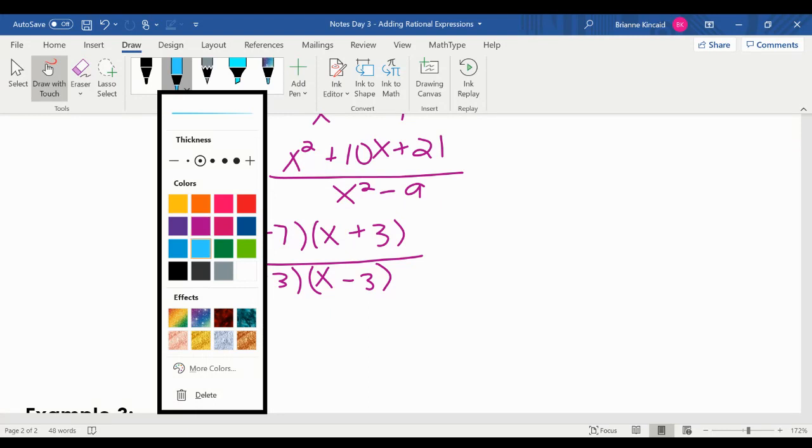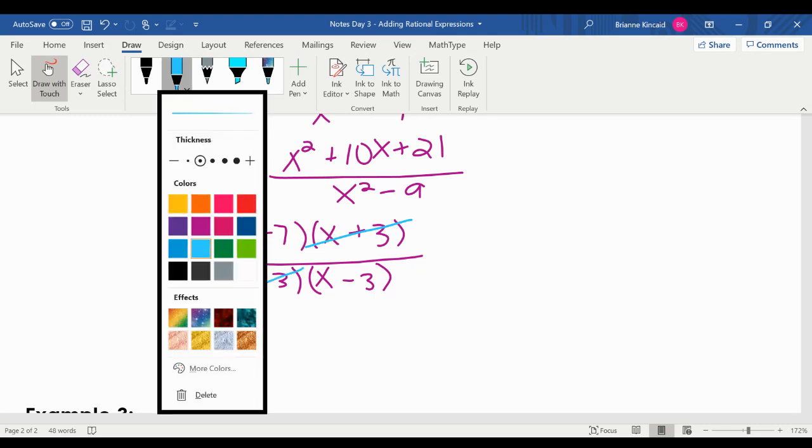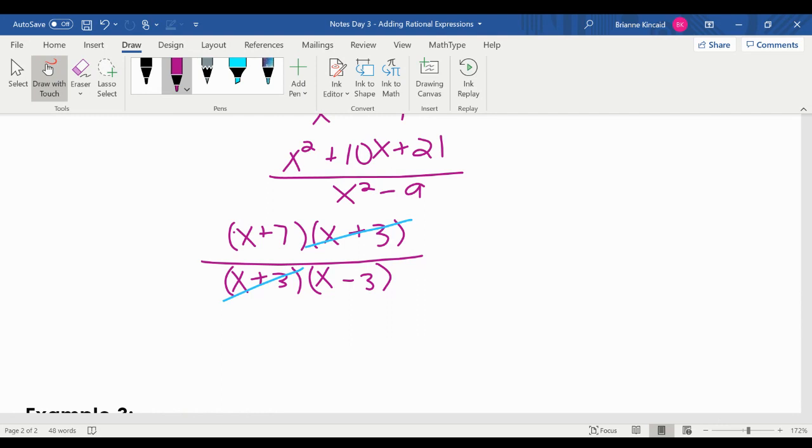Now that I'm at my most factored form, I can go ahead and eliminate. I have an x plus 3 in the numerator and an x plus 3 in the denominator, which gives me a final answer of x plus 7 over x minus 3 with an excluded value of -3.